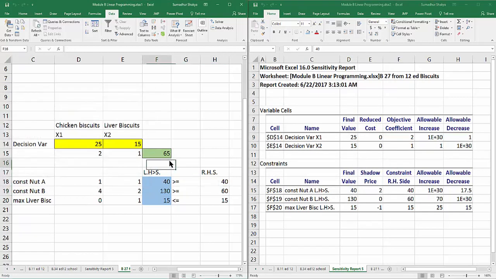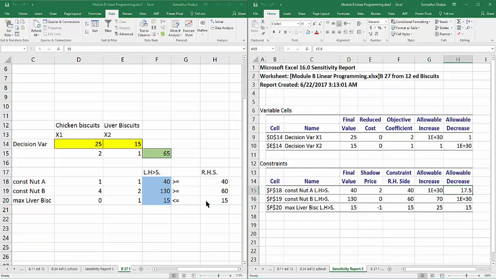That's it. Now the shadow price for liver biscuits, the third constraint, is -1, which means if we were to relax the constraint, relaxing would be going from 15 to 16. Yeah, that would be relaxing the constraint because it is bound on the upper side. Now the allowable increase and decrease.